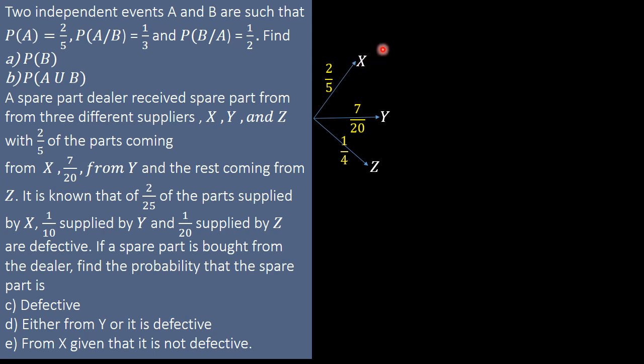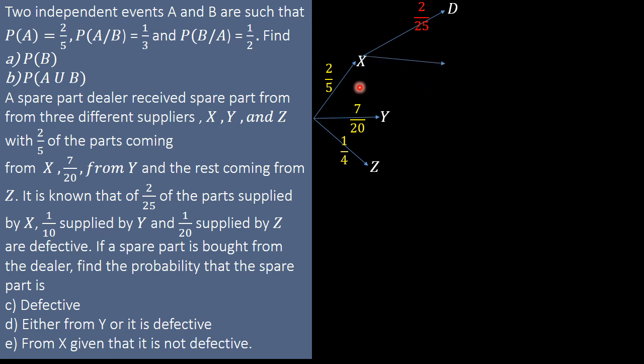So we are going to put that for X. We are going to have the last branch, which is going to be talking about the probability of having a defective part, which we have taken to be capital D, and this probability, as the question suggests, is 2/25.